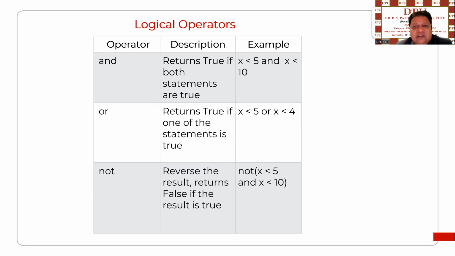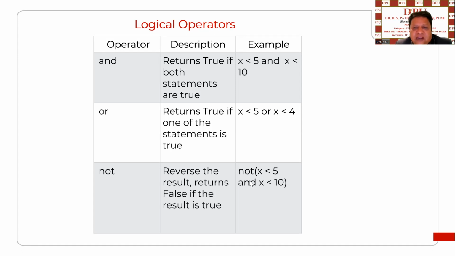X less than 20, X should not be less than 20. If X is less than 20, then it will give me false. If X is greater than 20, then it gives me true. So this is the reverse result. It will give me the reverse result than the normal one.